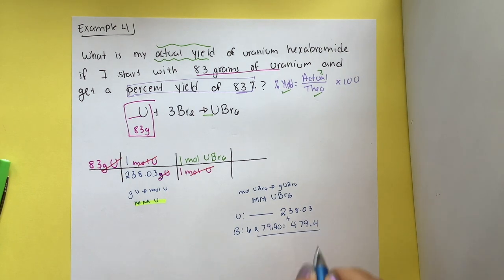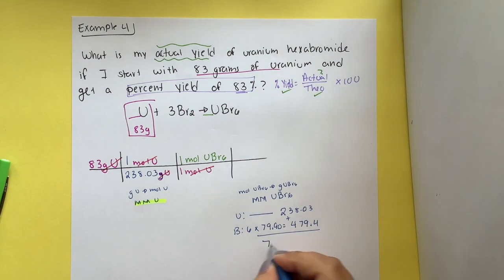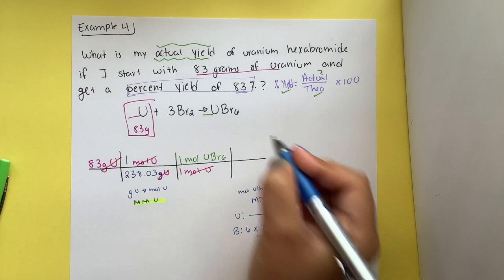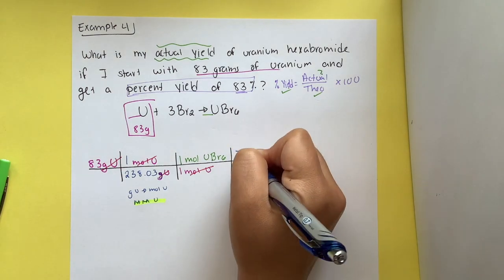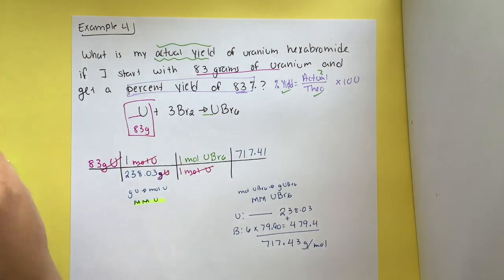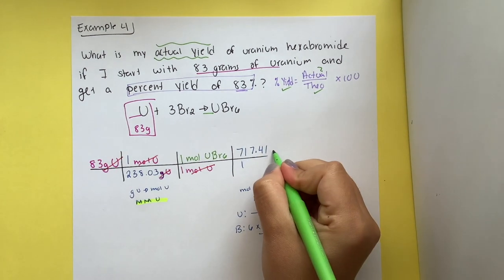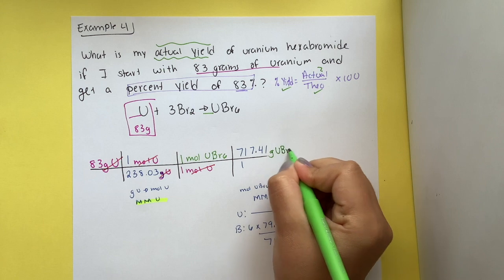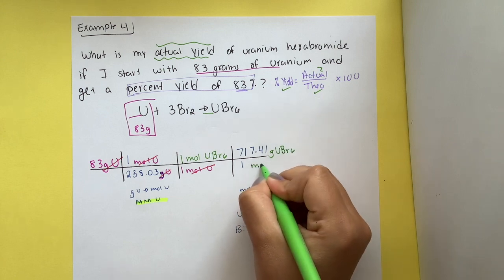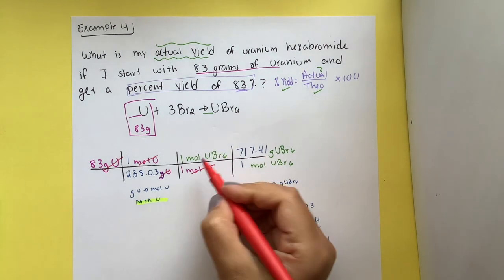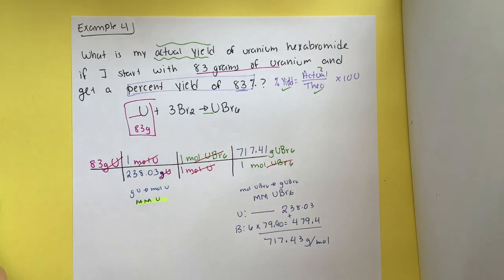I'm going to add both of these masses, and it gives me 717.43 grams per mole. So this number I'm going to put here on top, 717.41 grams of UBr6 for every 1 mole of UBr6. Like this, the moles cancel out. Okay, I use molar mass.